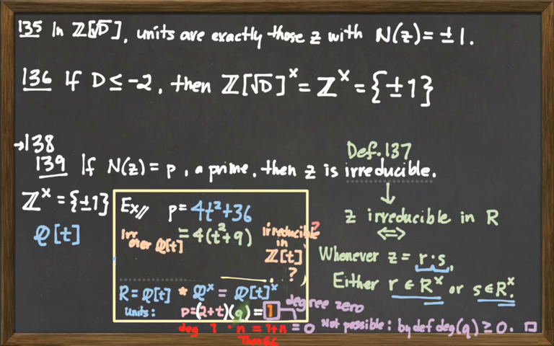We have two non-units. Why are they both non-units? We can see why t squared plus 9 is not a unit, because it's not a constant. But now we're saying that 4 is not a unit? Why not?